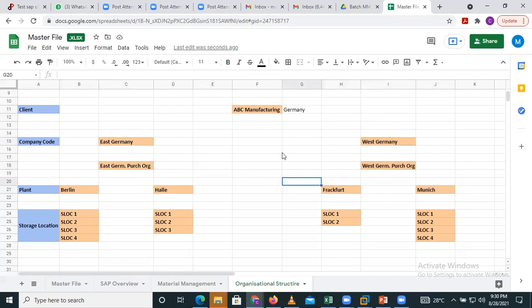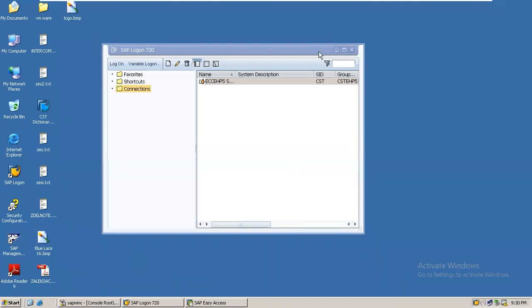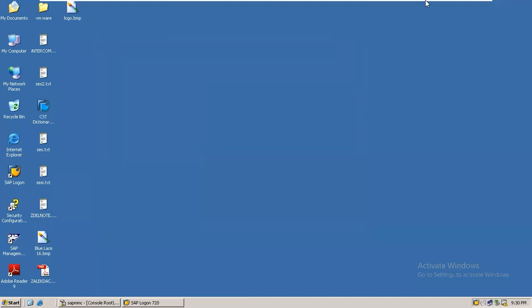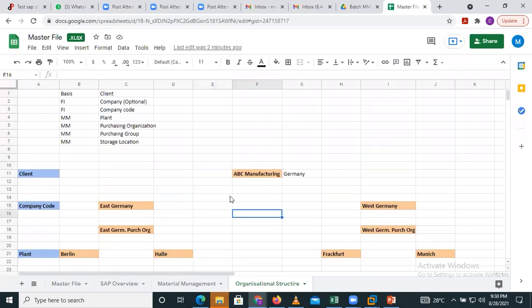So this is the business scenario we have mapped for ABC Manufacturing. Currently, there is no company called ABC Manufacturing available in our SAP system. We need to take that into our SAP system. Okay. Now, clear this one. Yes. Okay. So now, as we discussed, who will create the client?